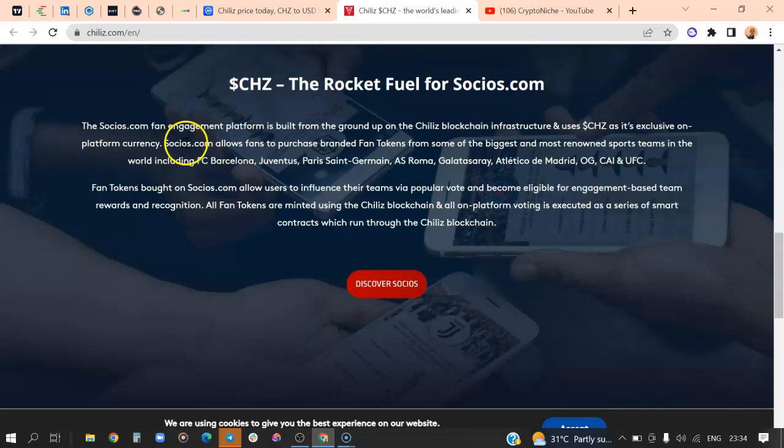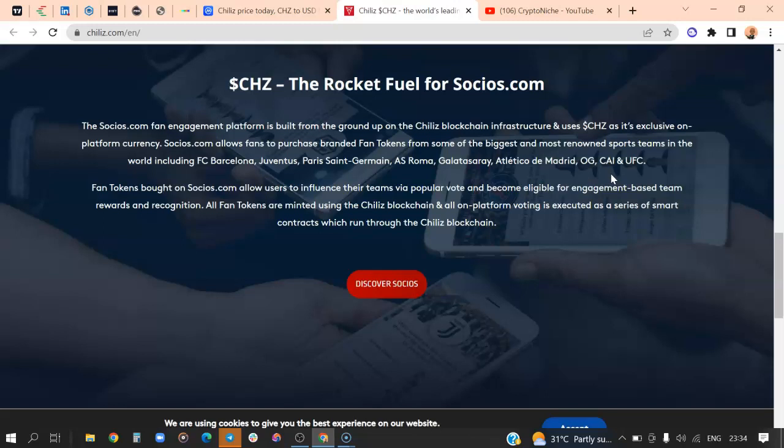So this social.com fan engagement platform is built from the ground up on the Chiliz blockchain infrastructure and uses Chiliz as its exclusive on-platform currency. Social.com allows fans to purchase branded fan tokens from some of the biggest and most renowned sports teams in the world, including FC Barcelona, Juventus, PSG, AS Roma, Galatasaray, Atletico de Madrid, OG, CAI, and UFC.